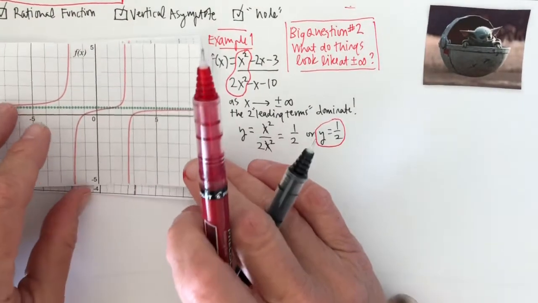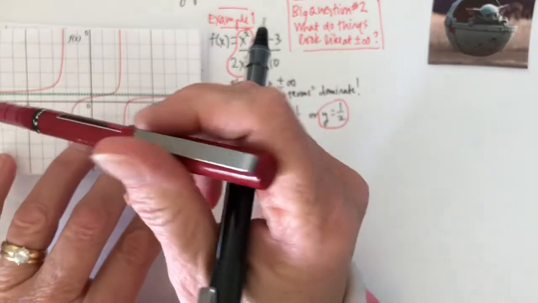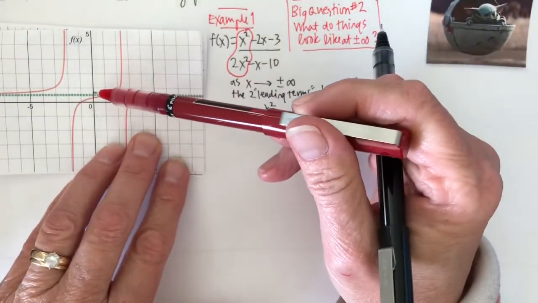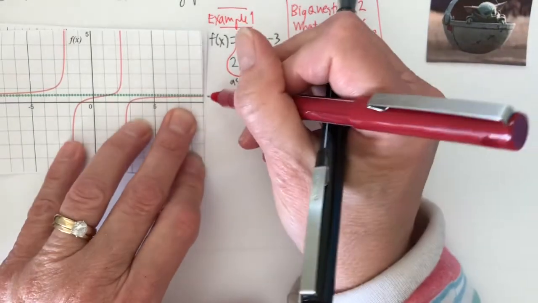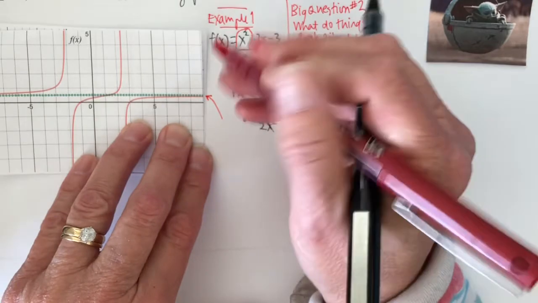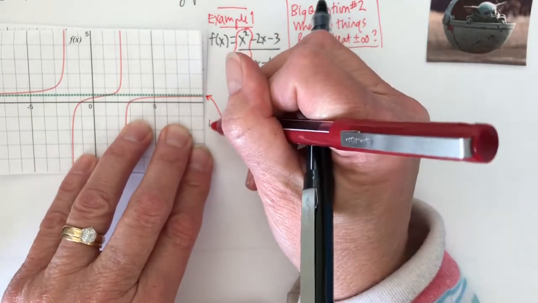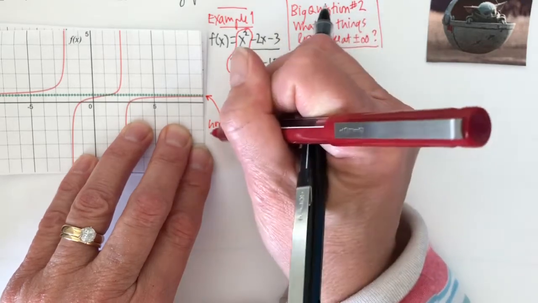And this is definitely this green line. This is a horizontal asymptote, and this is 1, 2, 3, 4, 5. So this is y equals 1/2. The leading terms tell us where this is, called a horizontal asymptote.